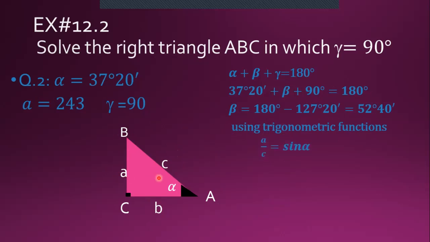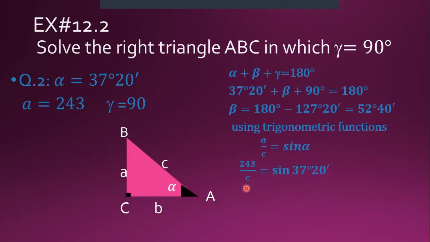So let us see. First of all, I have taken a and c, and you know that a is the perpendicular here and c is the hypotenuse. So a over c becomes equal to sine alpha, and then by putting the values of the known things, a and alpha, I have put the values.